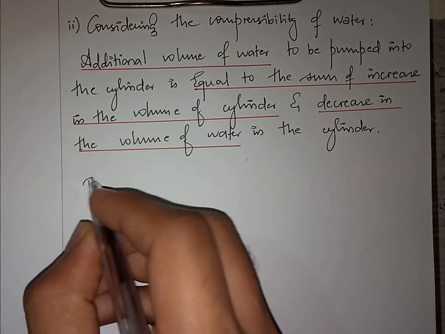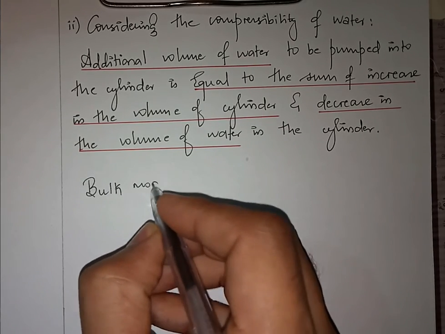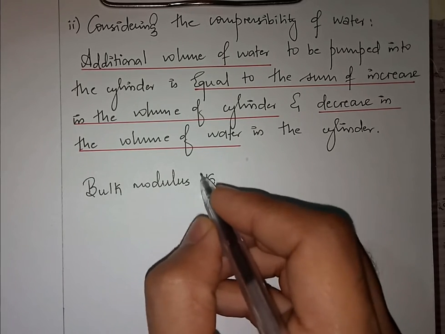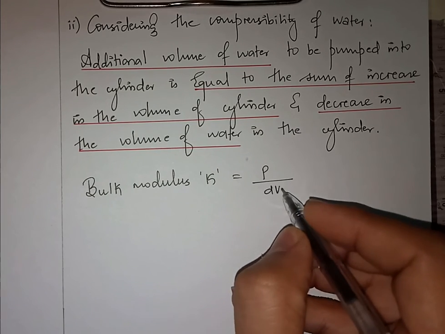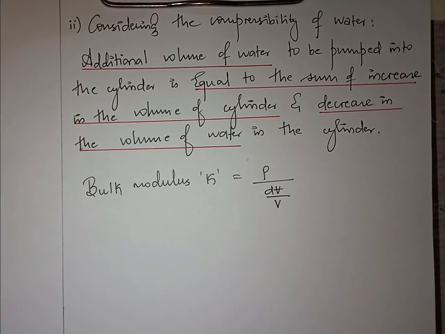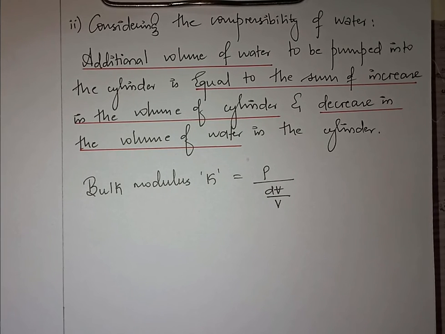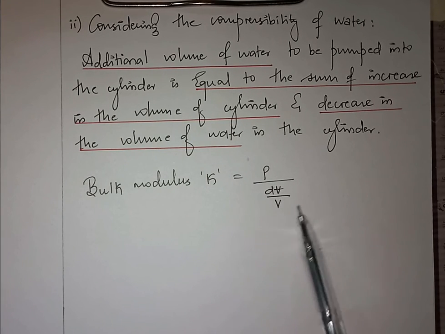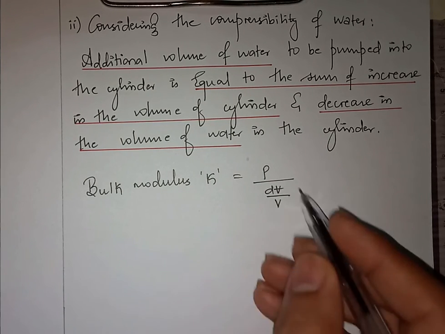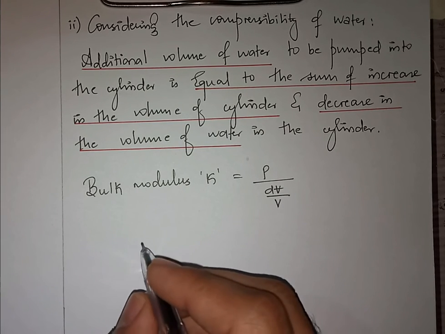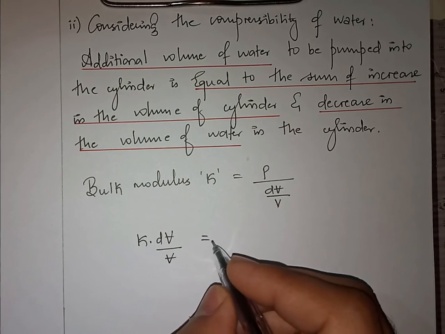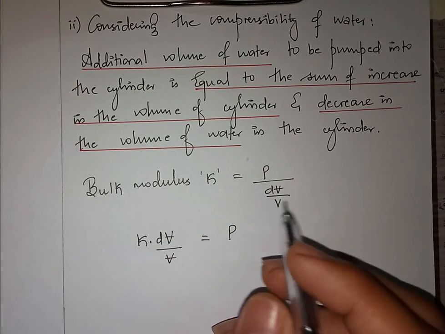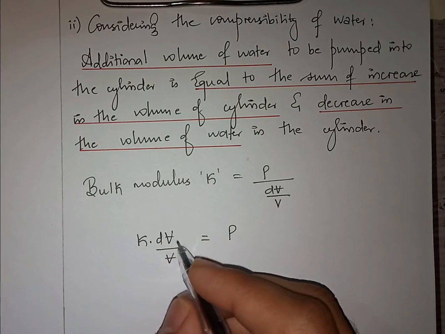So I know that bulk modulus, which is given to me in the problem and denoted by K, is equal to P divided by the volumetric strain dV by V. So if I rearrange all these things, I can write K into dV by V is equal to P. So this is the change in volume of water.